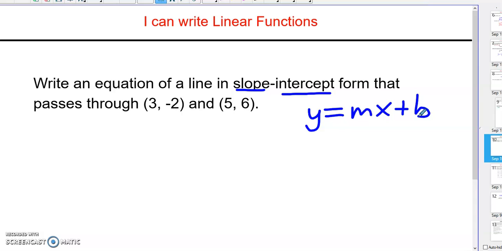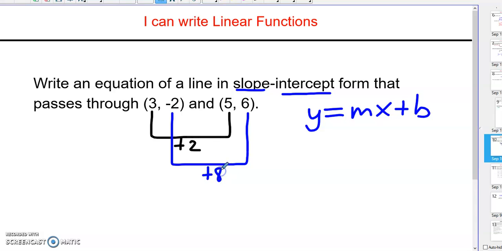Now, one of the ways I think of finding slope is I look at my x value and say to get from 3 to 5, I would have to add 2. So my x value is going up by 2. And then to get from -2 to 6, I would have to add 8.